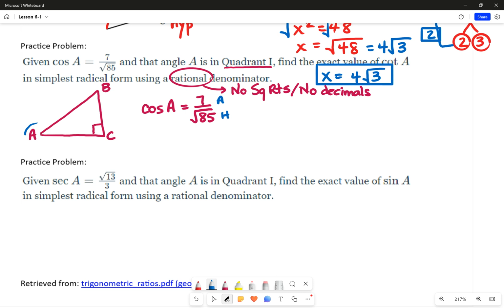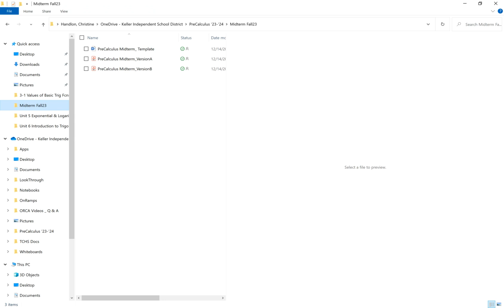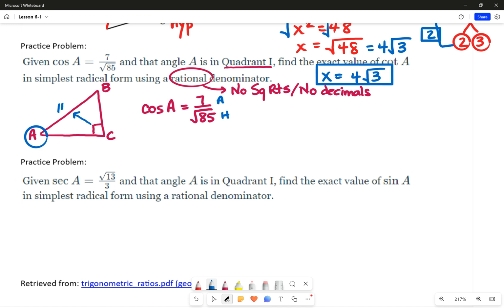So I'm standing here, and I have to label the adjacent and the hypotenuse. Now I'm going to label hypotenuse first. Hypotenuse is across from 90 degrees. So from here, my H has to be this side right here. There we go. My H has to be that side because it's across from 90 degrees.